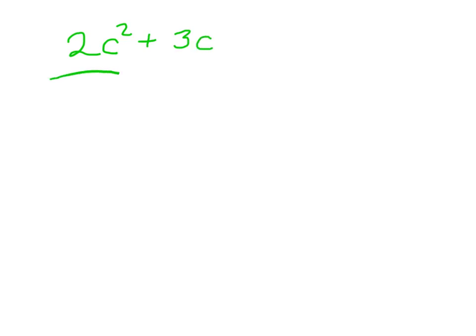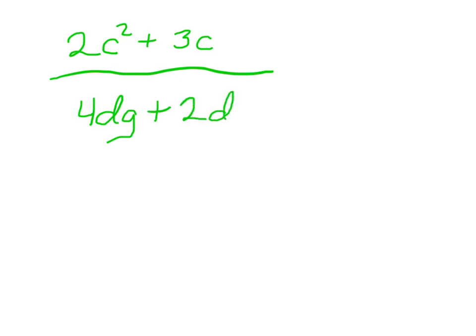Try to figure out what's common between both of those and factor it out. The second one we'll do would be 4dg plus 2d. What could you factor out of this expression?